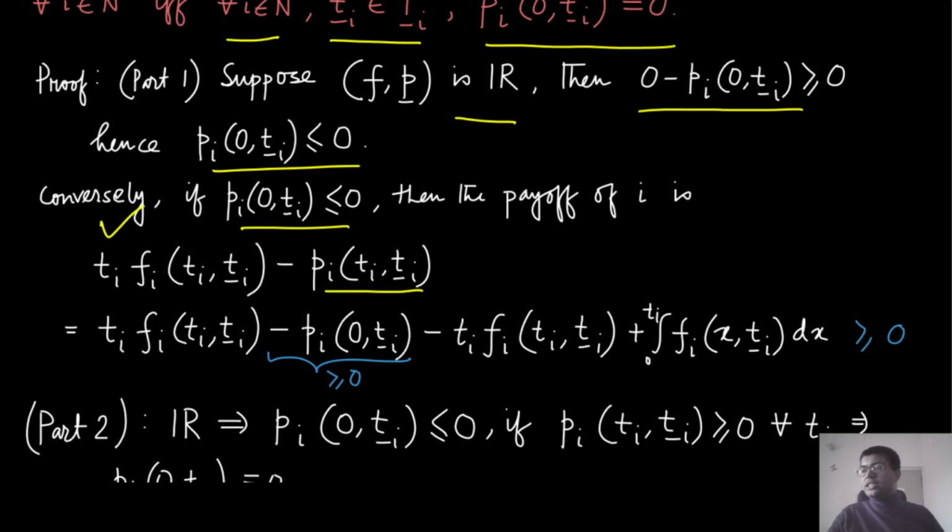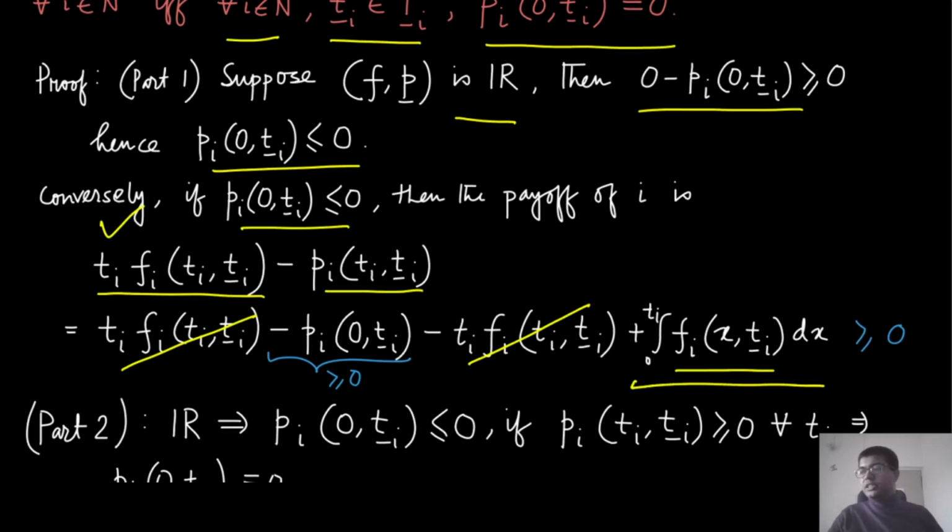We notice that this particular term is going to get cancelled. It appears both as the expected valuation of player I, and also in the payment expression. For the rest, we know that this fi is non-negative. This is just an allocation, so it is a probability. Of course, it has to be non-negative.